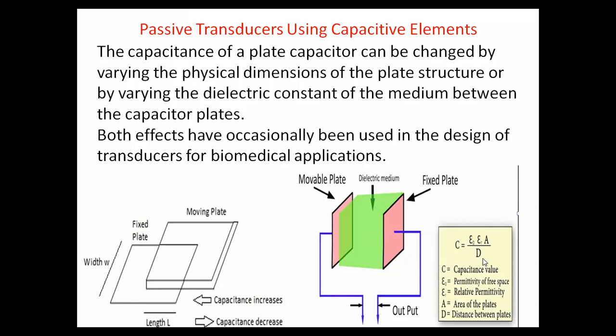A is the overlapping area between the two plates, and D is the distance between the two plates. Based upon this formula, we can obtain the C value.